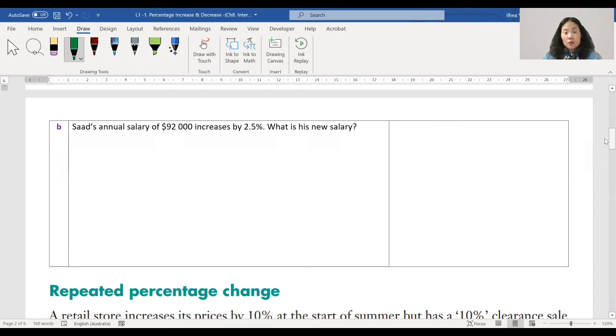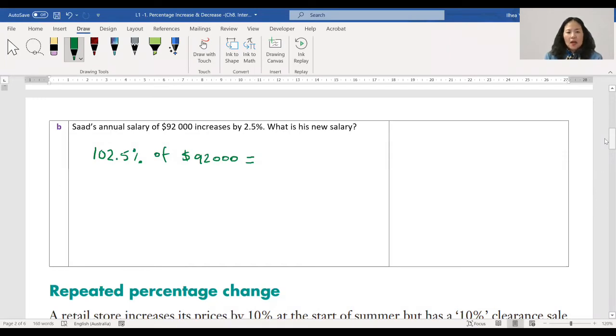Because that's what he's going to get paid, 100%. But because he's been working very hard, he's going to get a 2.5% increase. So now he will get paid 102.5% of 92,000. So his salary will be more than $92,000 now.